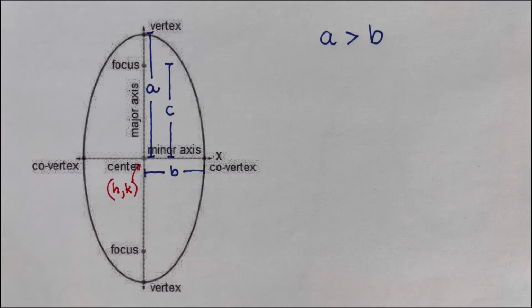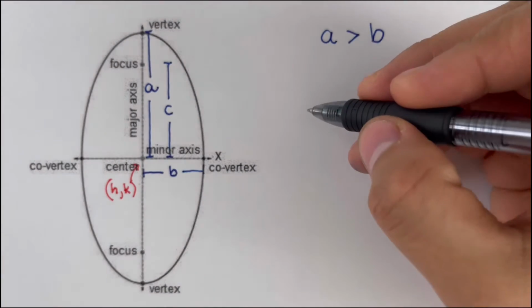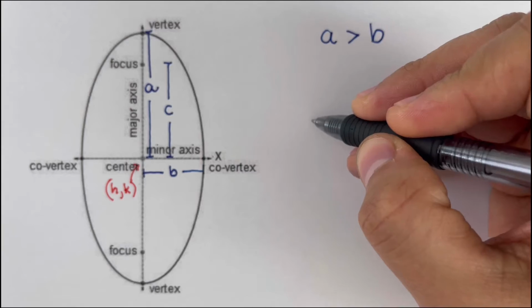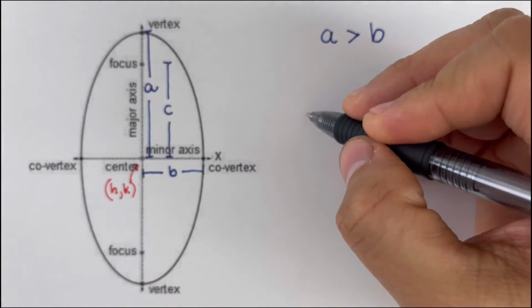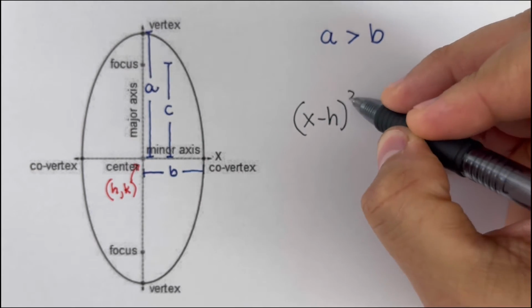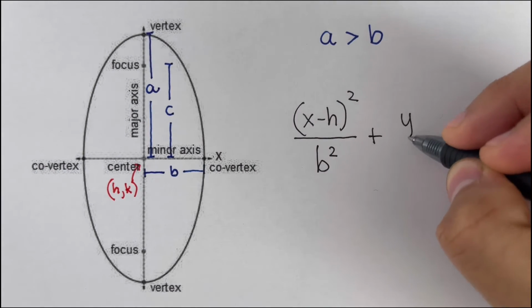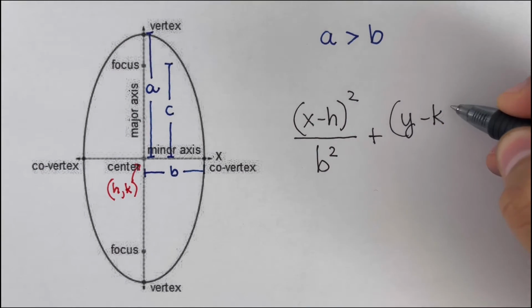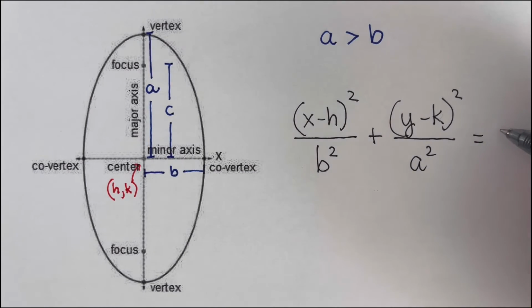Now, if we represent the equation for this second case of an ellipse, we can go ahead and say that, again, we remember that the major axis here is the y-axis. So that is (x minus h) squared over b squared, plus (y minus k) squared over a squared, is equal to 1.